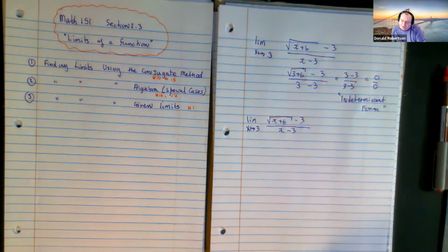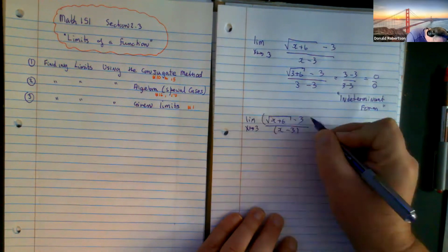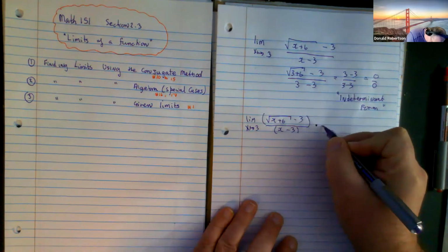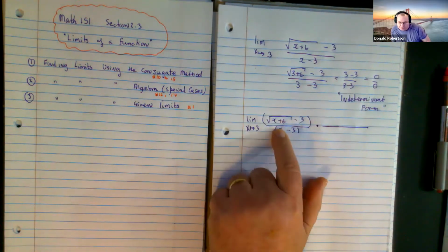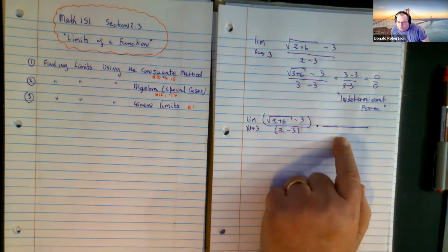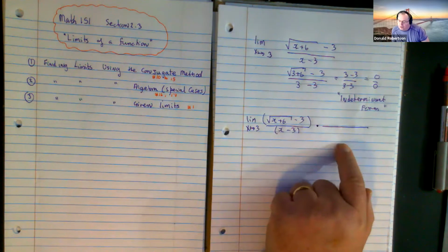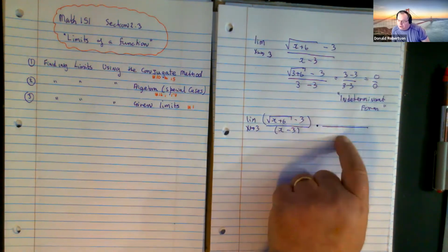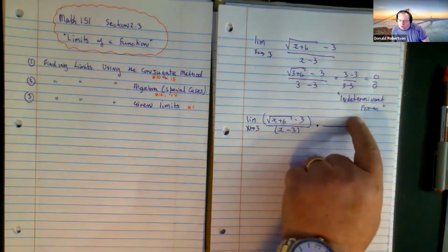And the method that they came up with was kind of sneaky. You know, if you multiply a fraction by 1, you don't change the value of the fraction. You might change how it looks. So I could multiply the top and bottom by 2 over 2, x over x, x plus 1 over x plus 1.